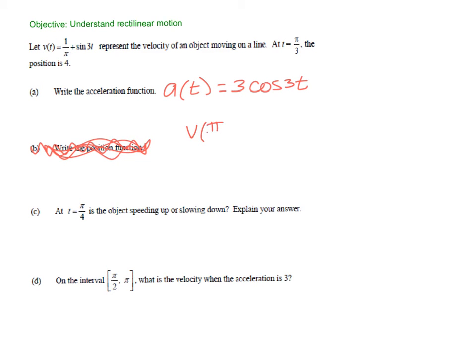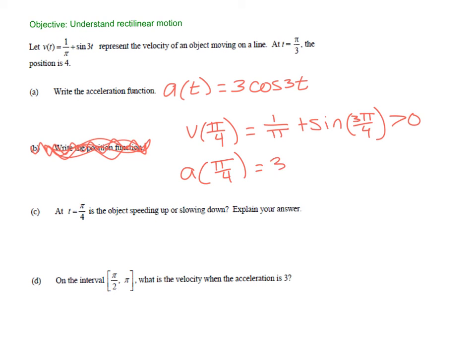So v of pi over 4, velocity, is 1 over pi plus sine of 3 pi over 4. All right, so sine of 3 pi over 4, that is quadrant 2. Sine is positive in quadrant 2, so that is greater than 0. And then the acceleration at pi over 4 is 3 cosine 3 pi over 4.